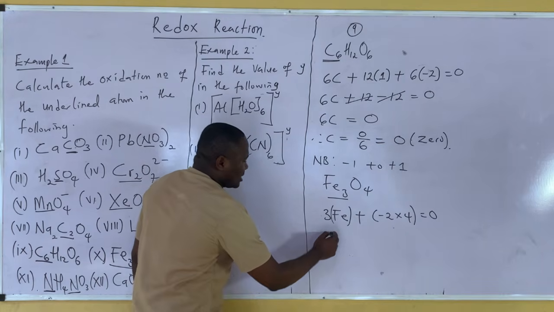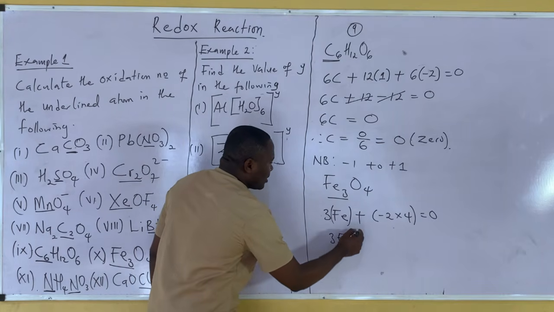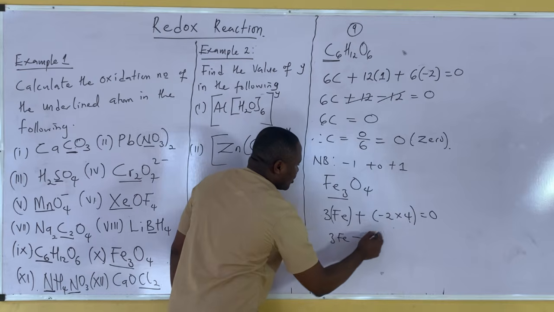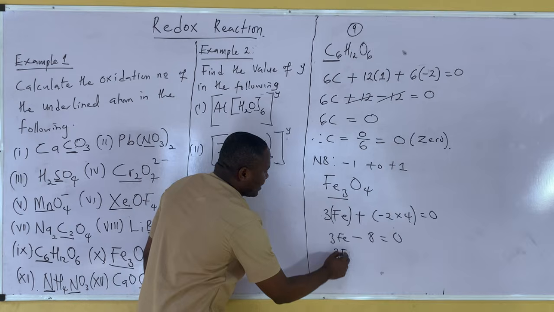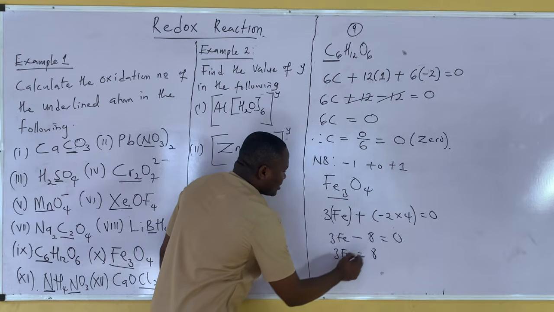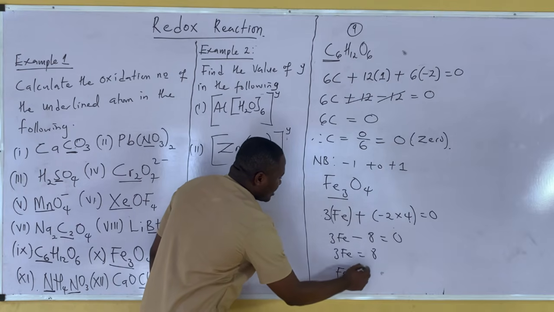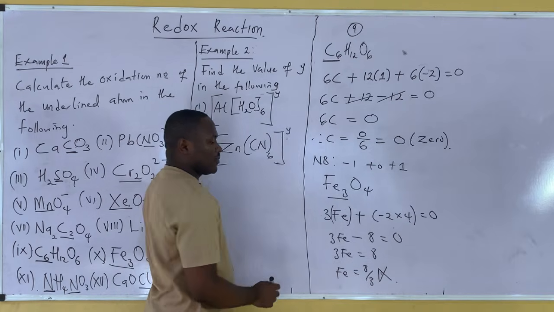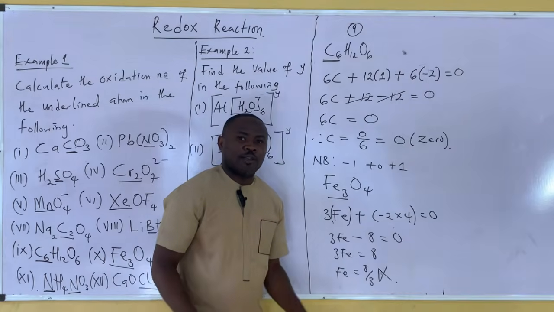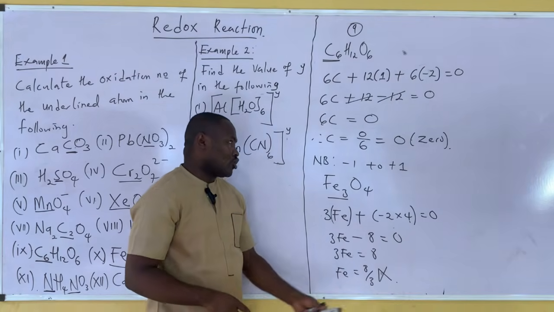Then 3Fe minus 8 equals 0, so 3Fe is equal to 8, so Fe is now equal to 8 over 3. That is not correct, because you will not have an oxidation number of iron to be in fraction.